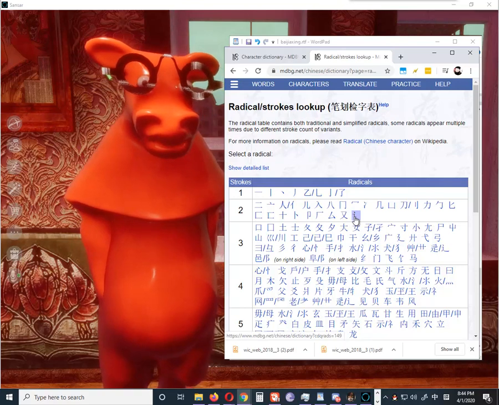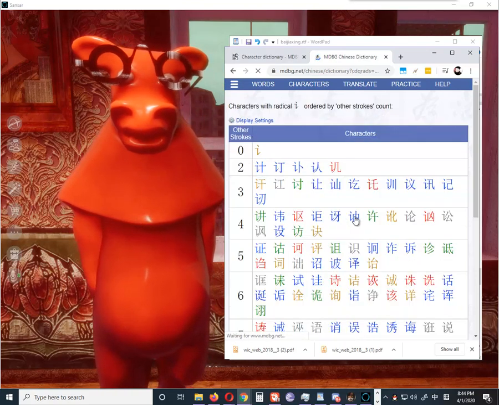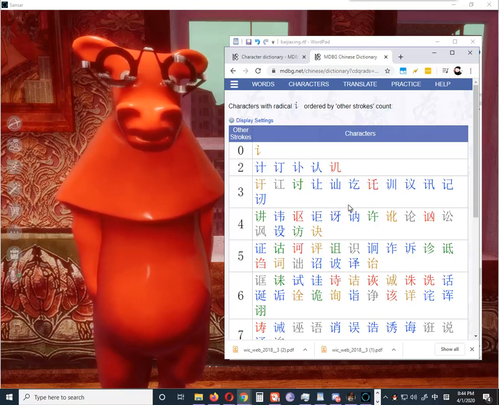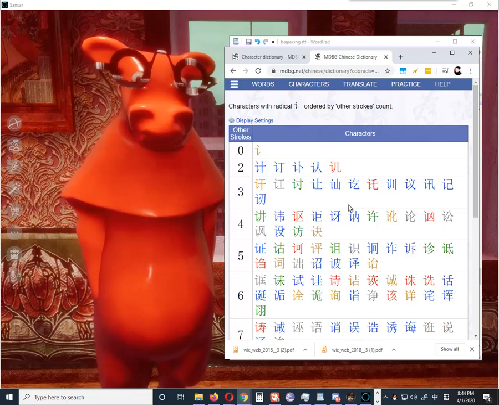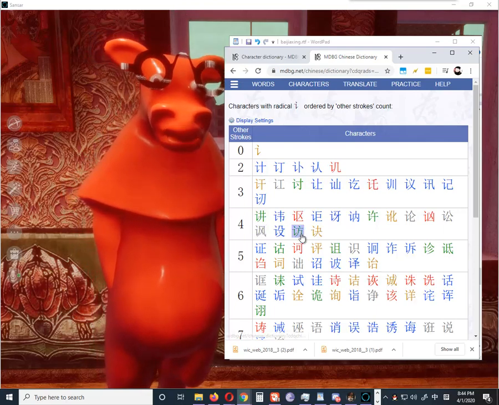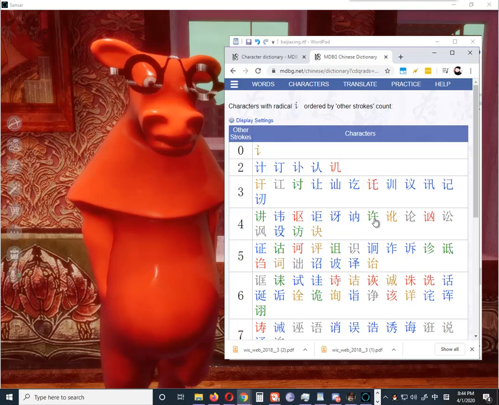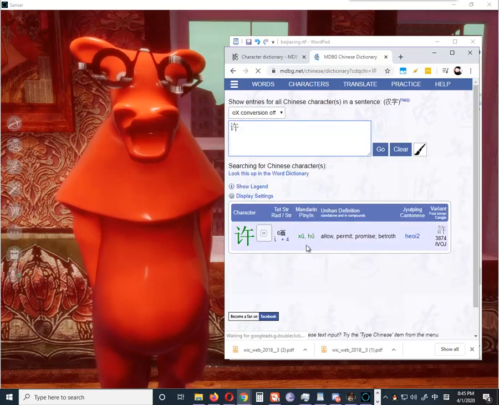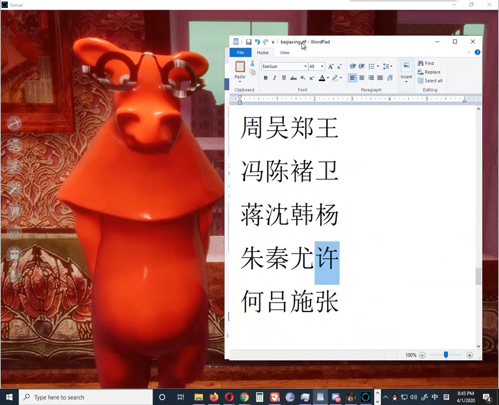This is actually a simplified yen, I think. Okay. And what do we have next to it? We have 4 strokes. So we look here. There it is. And look, it's a 3rd tone, just like we expected.